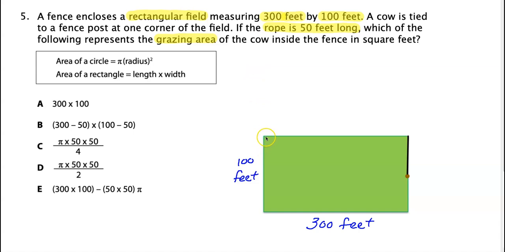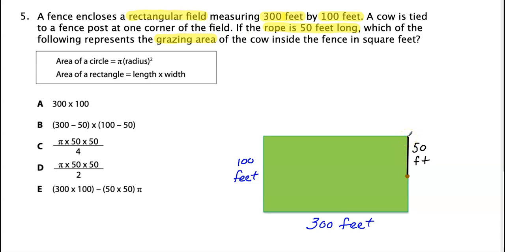And the sides of the rectangle represent the fence, and the corner of the rectangle represents the fence post. So I attached a rope here to the fence post, and the rope's in black. So here's the rope. It's 50 feet long from right here. And the cow is this brown dot, and the cow is attached to the rope right here. So this is my diagram.